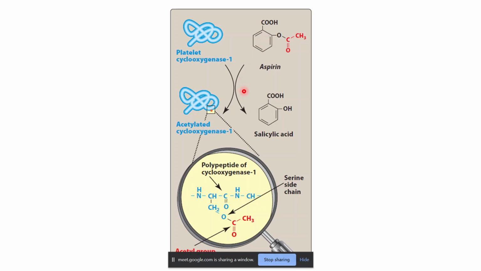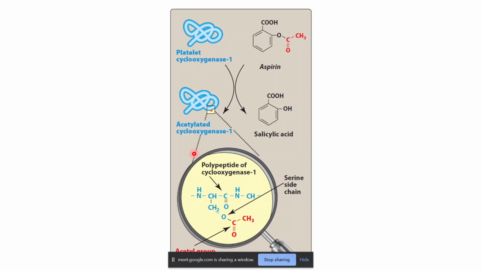Then the aspirin will convert to salicylic acid, which actually also has some antipyretic and analgesic properties. This is an irreversible process: aspirin irreversibly acetylates the cyclooxygenase.